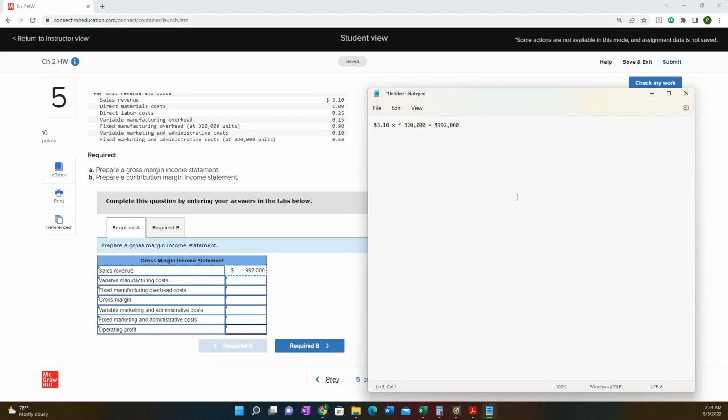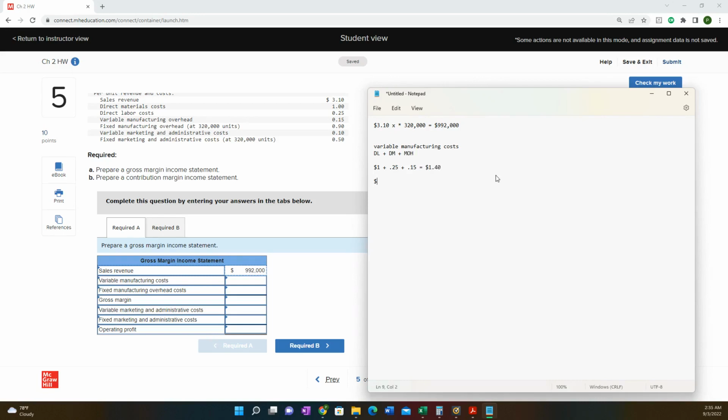And remember that manufacturing costs includes direct materials, direct labor, and manufacturing overhead. That's $1 plus 25 cents plus 15 cents. So that's $1.40. $1.40 times 320,000 units equals $448,000.